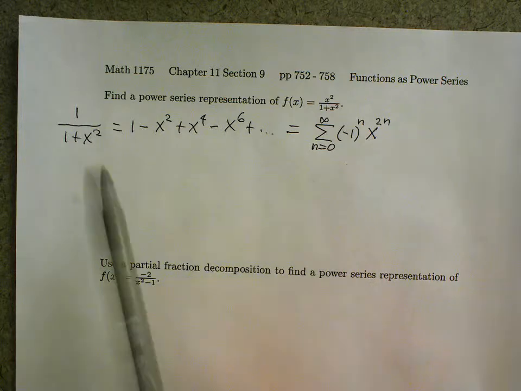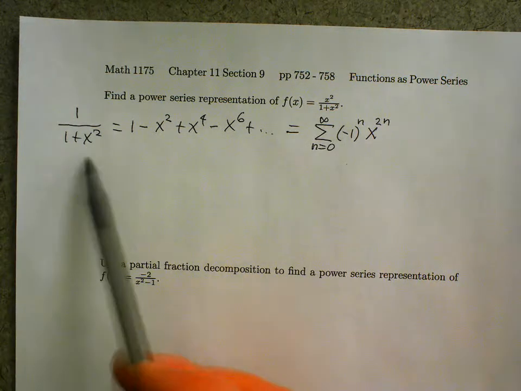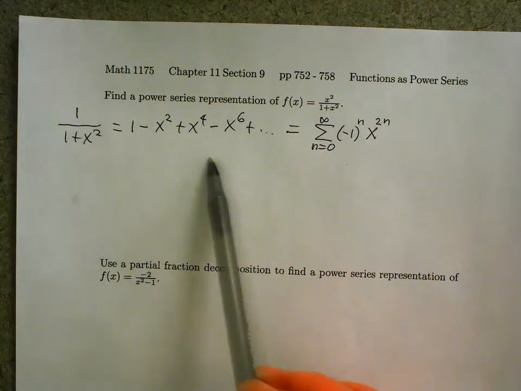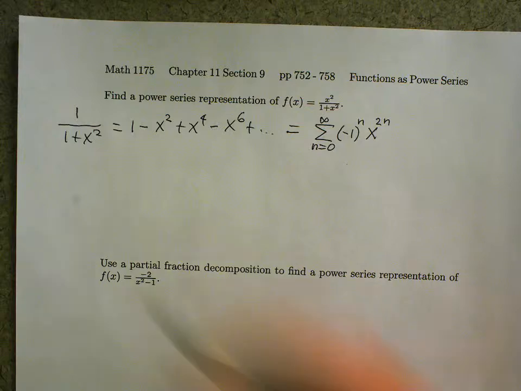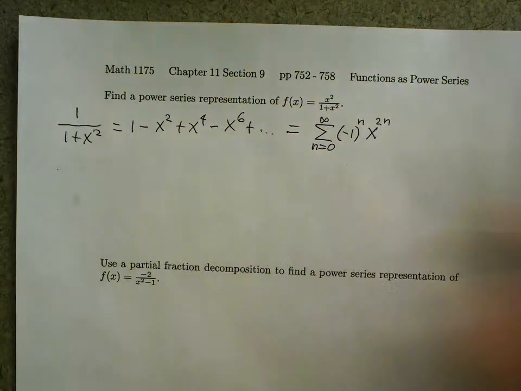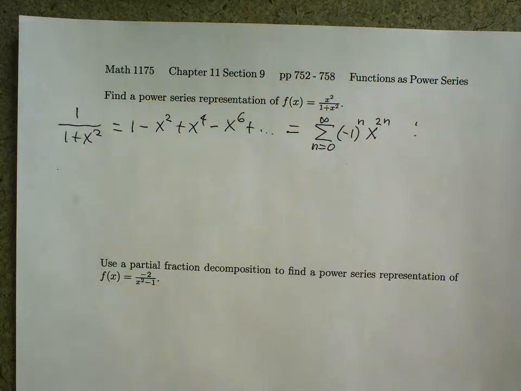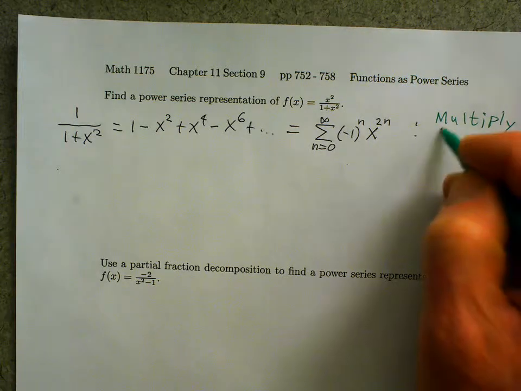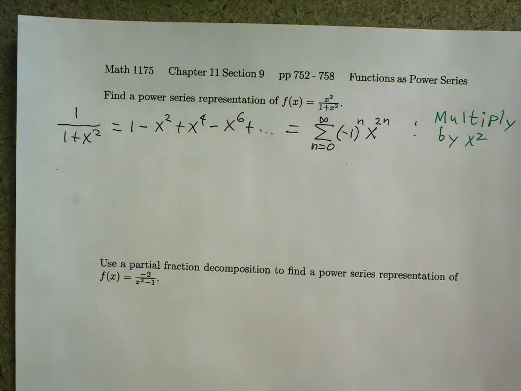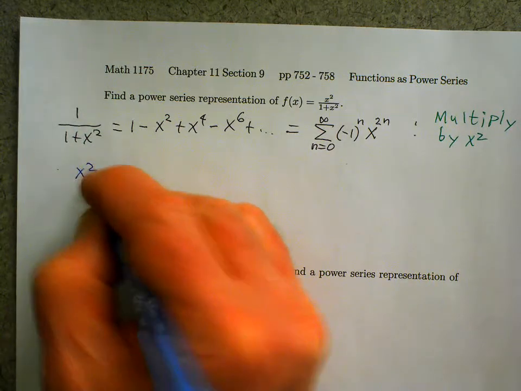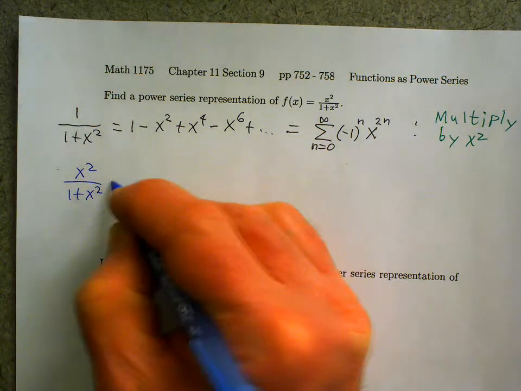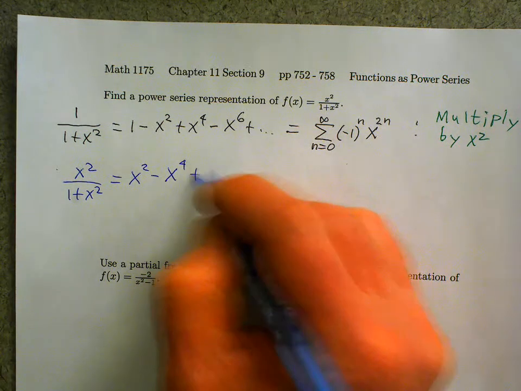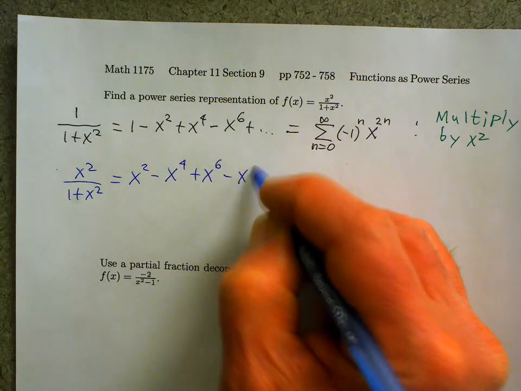Okay, so x squared over 1 plus x squared can be found if I just multiply both sides of this series by x squared. Then we get x to the second over 1 plus x squared equals x squared minus x to the fourth plus x to the sixth minus x to the eighth, and so on.